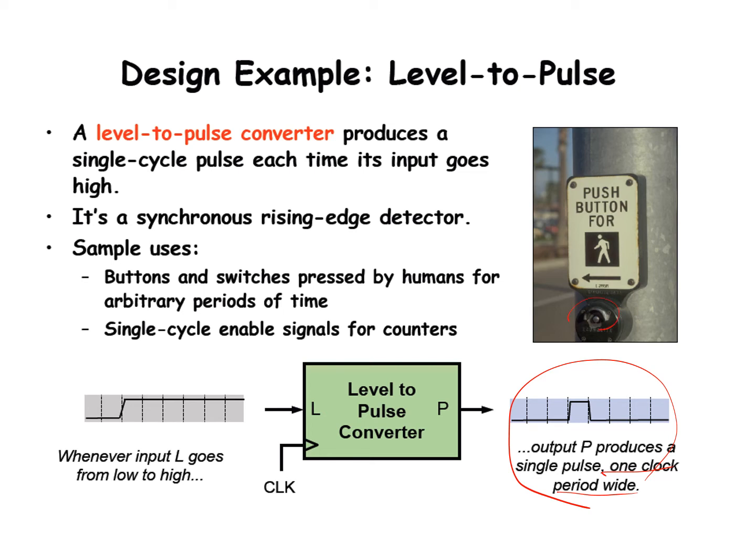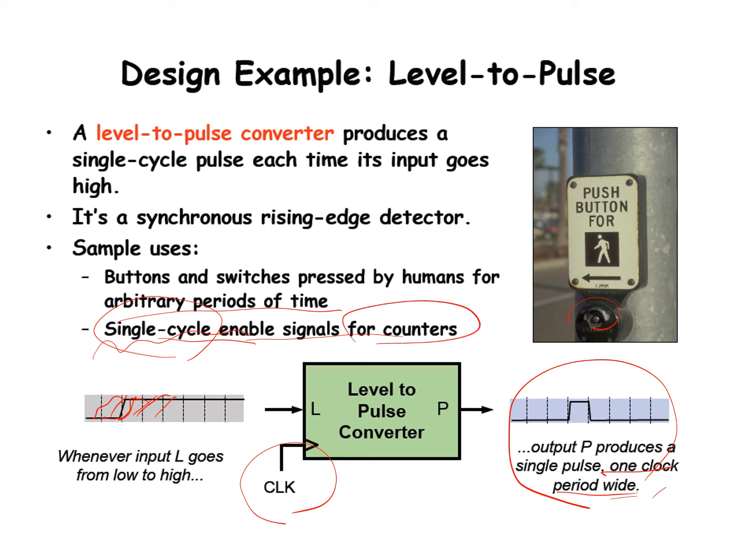Since we are pushing the button here, it can come at any time, regardless of the clock edge, right? So this is an asynchronous interface input, with buttons and switches pressed by a human for an arbitrary period of time. What we need to generate is a single-cycle pulse for the counter.